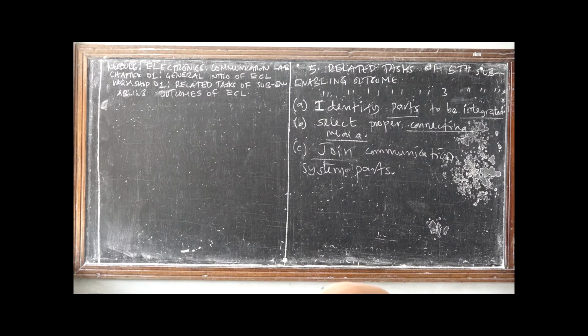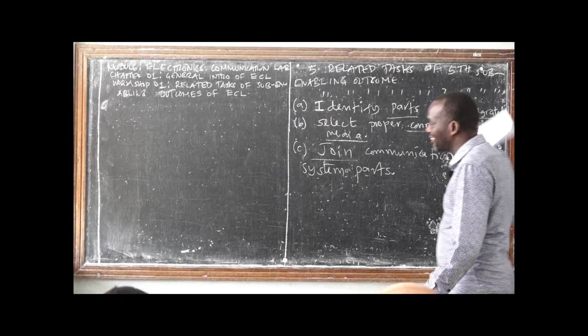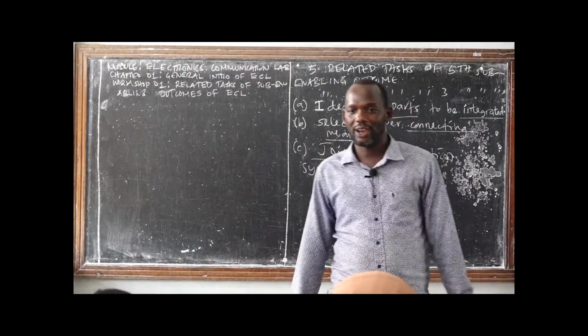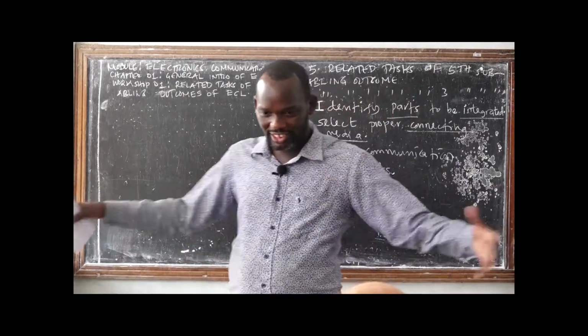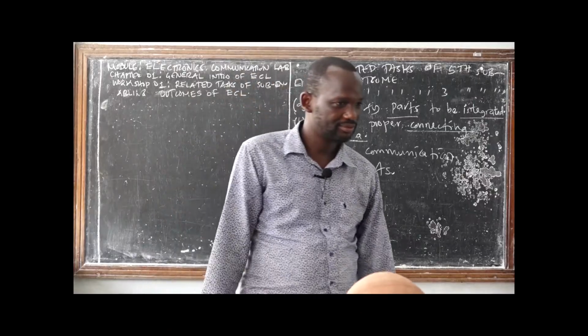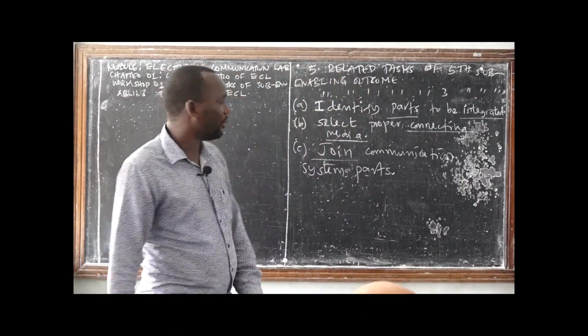You can go further because you have everything in your hand. For myself, if I compose a test or exam, I'll compose it according to this related task and sub-enabling outcomes, because this is the guidance that will be guiding me.